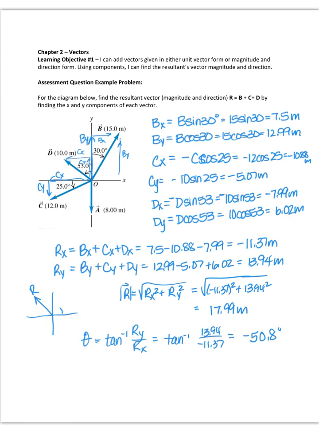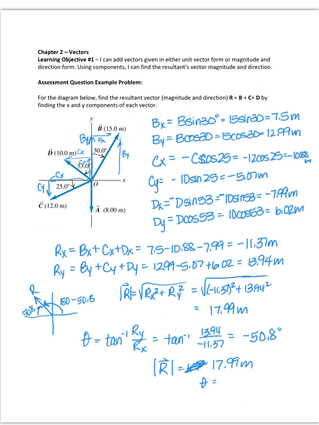We know if we want to find the direction of the angle this way, it should be 180 minus the 50.8, or we could also say it's 50.8 measured from the negative x-axis. So I could say vector r has a magnitude of 17.99 meters.